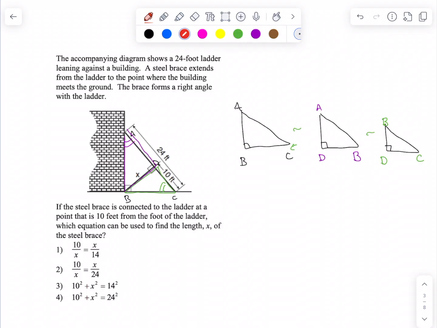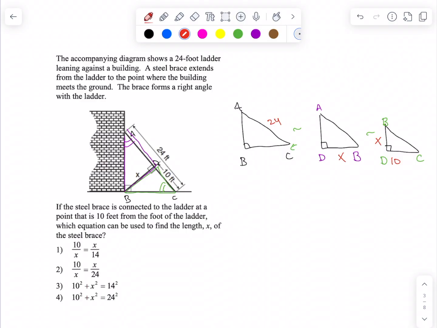Let me just transfer the numbers. So AC was 24, and AC is only over there. And then DC is 10. That's over here. And X is DB. We're looking for DB. So DB is over here, and DB is also over here as well.